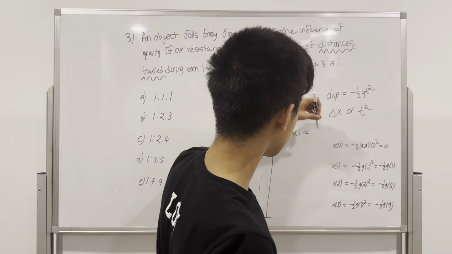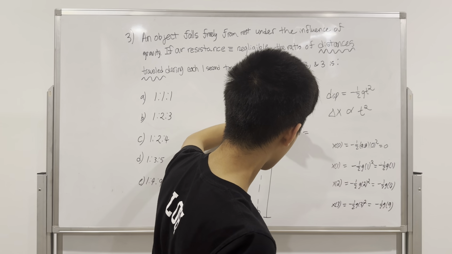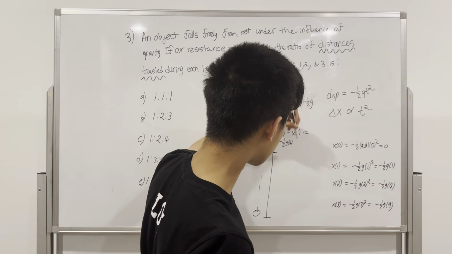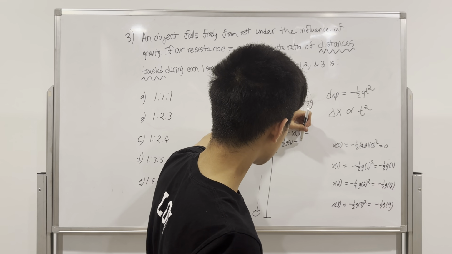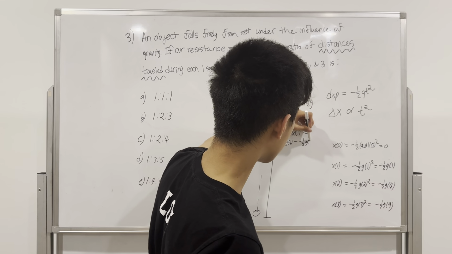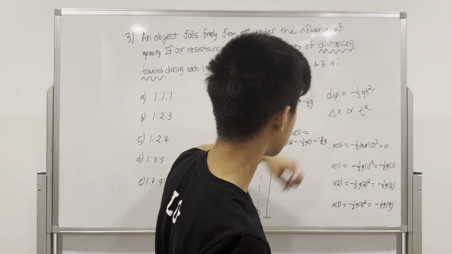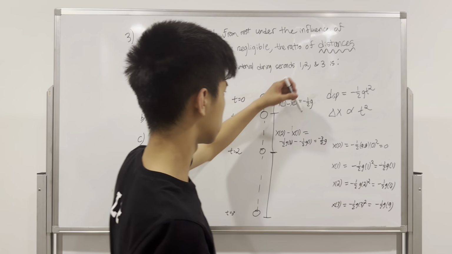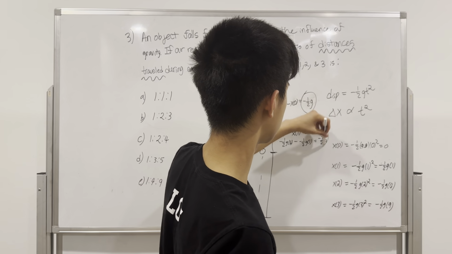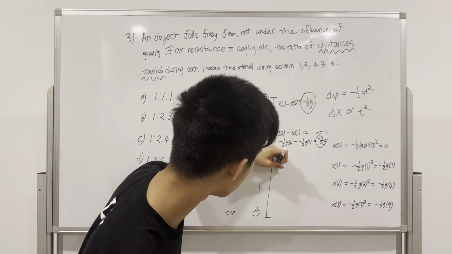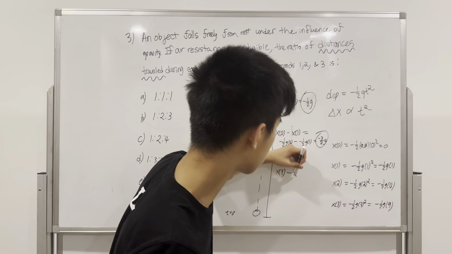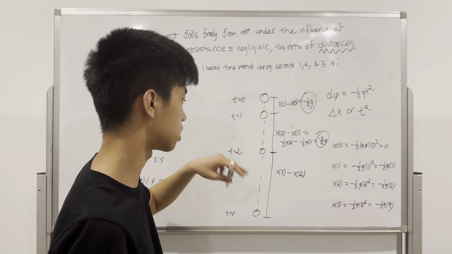And that would be negative 1/2 g times 4 minus negative 1/2 g times 1. So that would be negative 3 over 2 g. Okay, so let me just circle those. Then here, same thing: x of 3 minus x of 2.